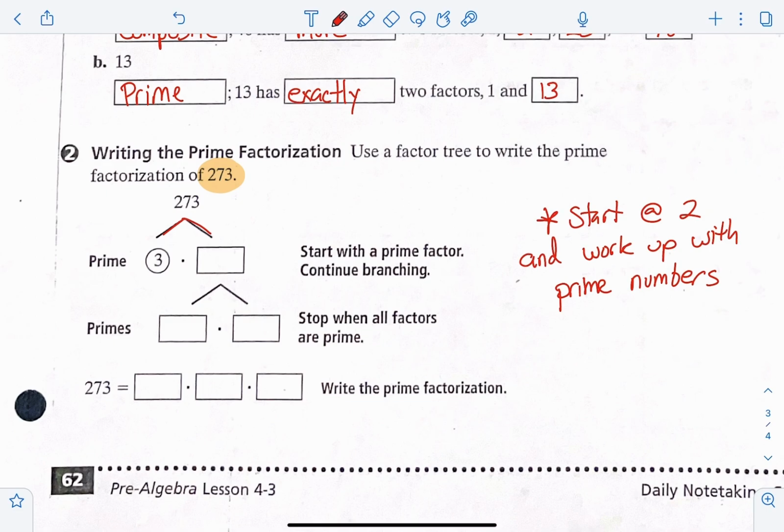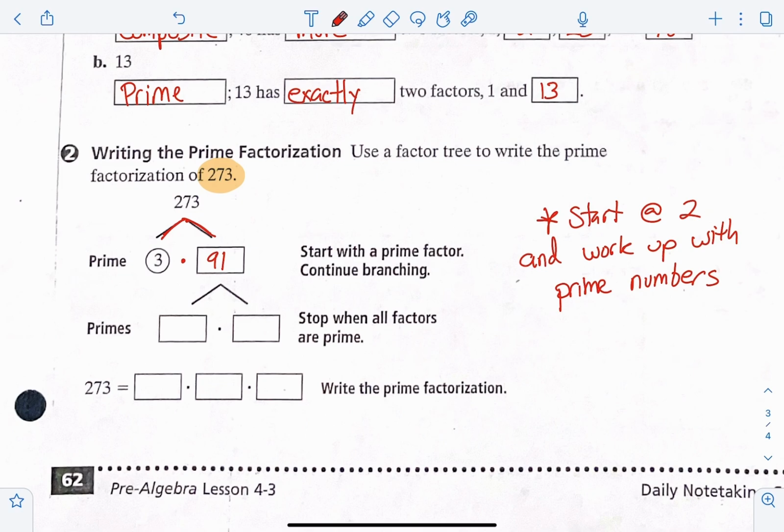So the first thing you're going to do is try to put 2 into a number. Can you put 2 into 273 and have an even number? The answer is no, because it's an odd number. Can you put 3 into it? Yes. 3 times 91 is 273.